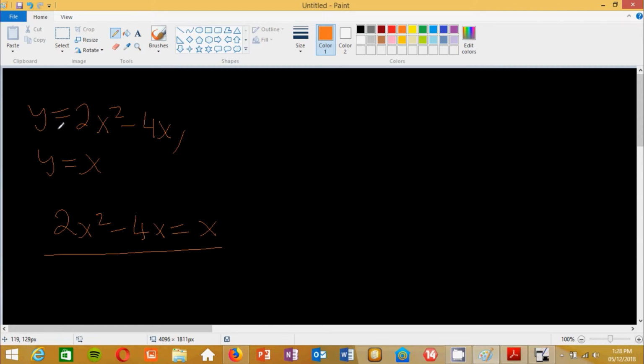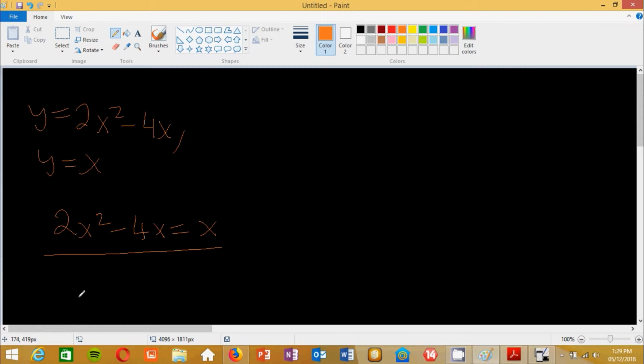Because this gives us the y-coordinates on the parabola, and this x here gives us the y-coordinates on the straight line. So if the y-coordinates are the same, we are looking for points whereby this 2x squared minus 4x is identical to this x here.